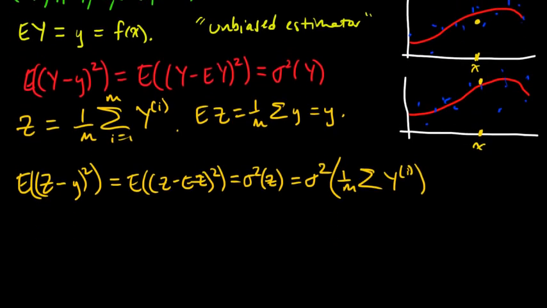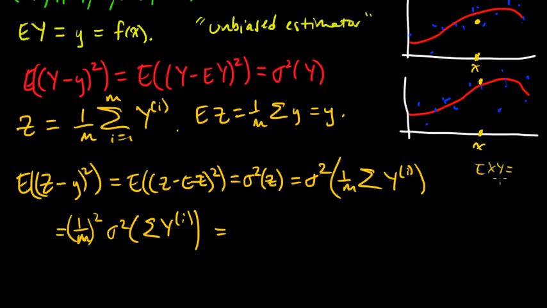Using properties of variance, which you can easily check by just writing out the definition of variance, this is equal to 1 over m squared times the variance of the sum. And then, since these are each independent random variables, the variance of a sum of independent random variables, you can check, just write it down and use the fact that the expected value of a product of independent random variables equals the product of their expectations.